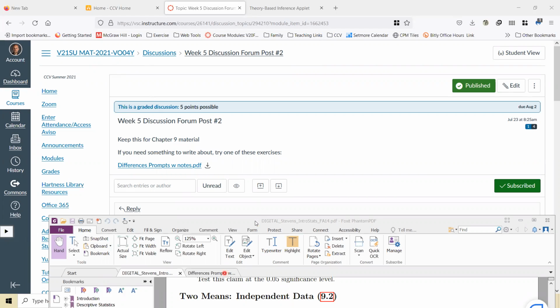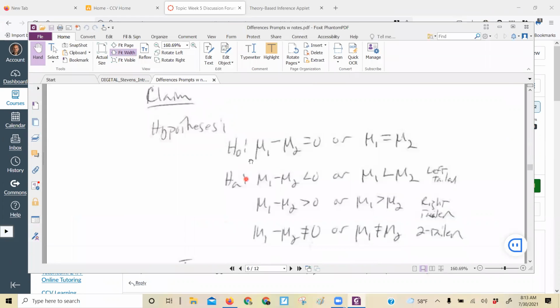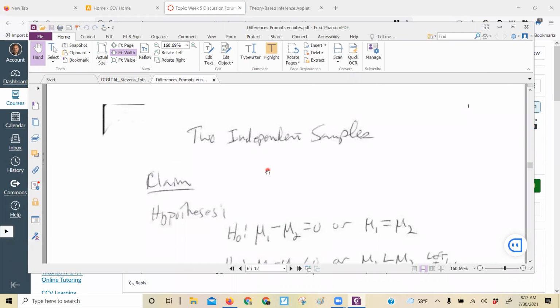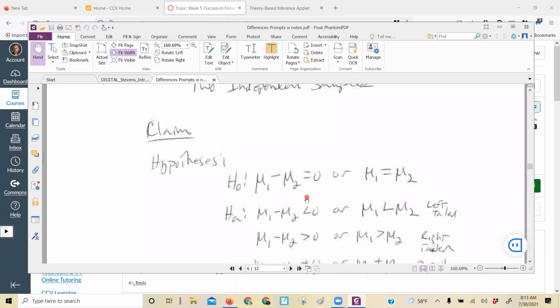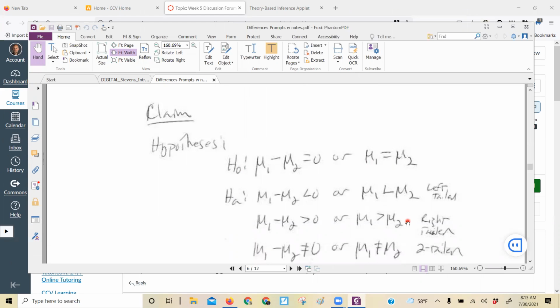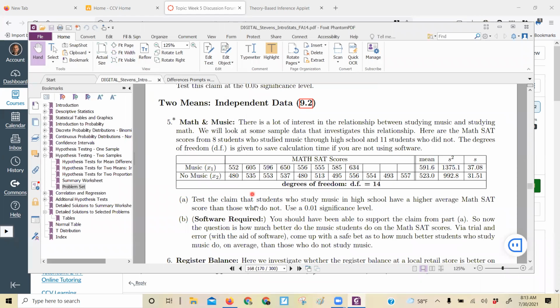But why they're worth looking at is I've got the hypotheses set up. So two independent samples, that's what this is with the music. And H0 always says there's no difference between the two means. And H1 or HA you could decide, depending on the claim. So for this music question, what's the claim?